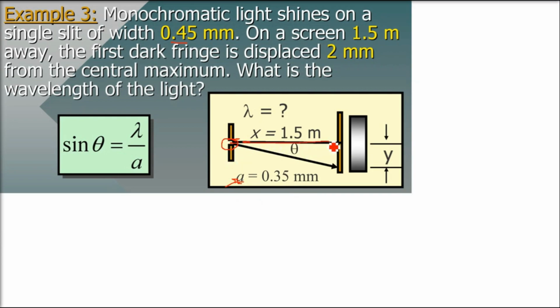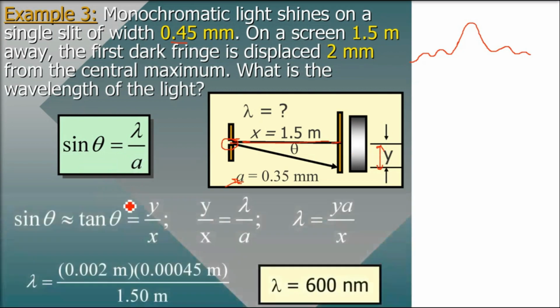The screen is at around 1.5 meter and the first dark fringe is displaced 2 millimeter from the center, which is the central maximum. I showed you this is the central maximum and there are the fringes. The pattern is like this. So from the center, the distance is 2 millimeter for the first dark fringe, which is why we are calling it y here.